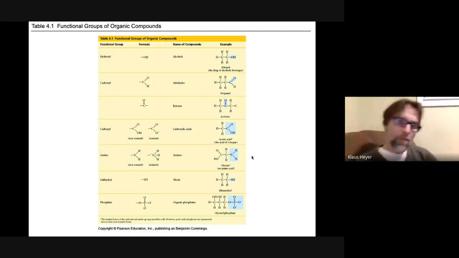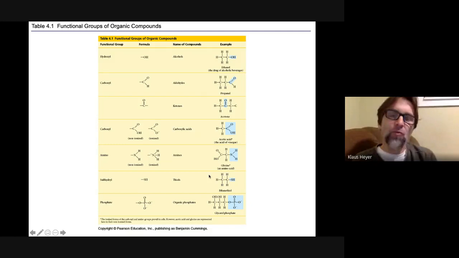All right, we got two more. This one you're hardly ever going to see. It's called a sulfhydryl, sulfur hydrogen. All it is, it's the only one with sulfur.